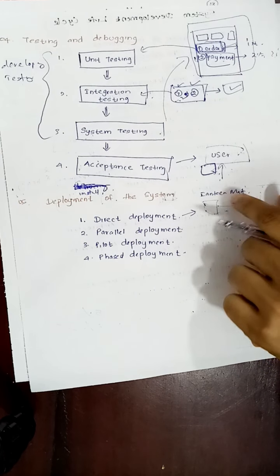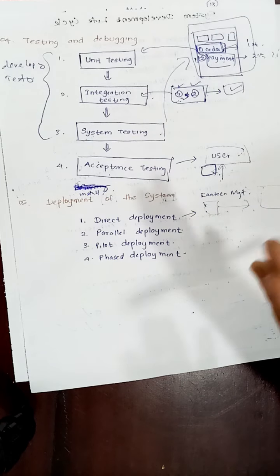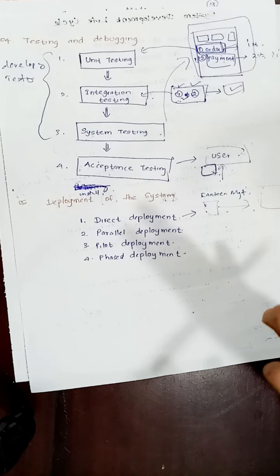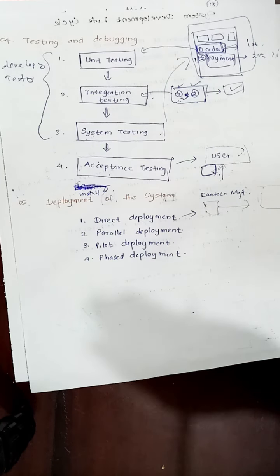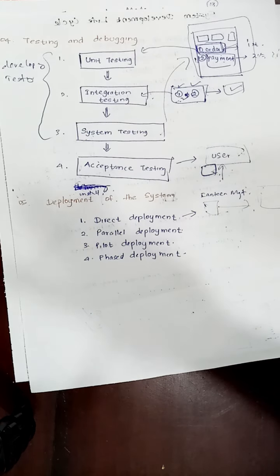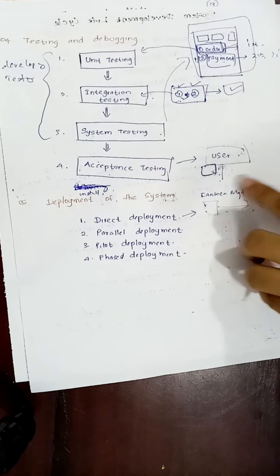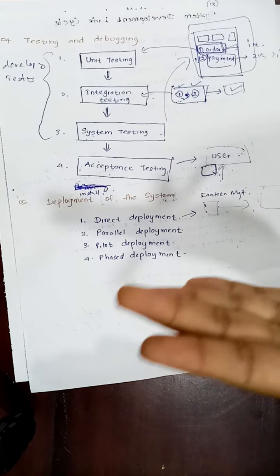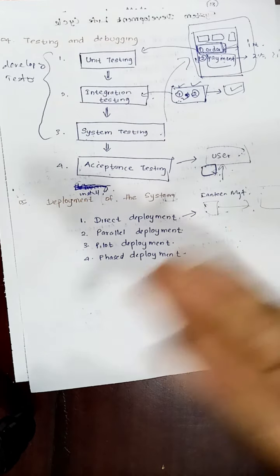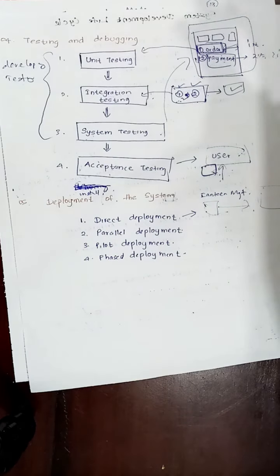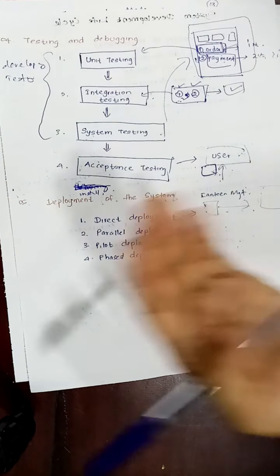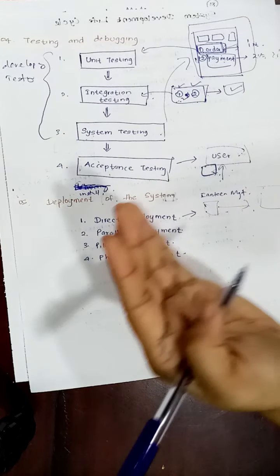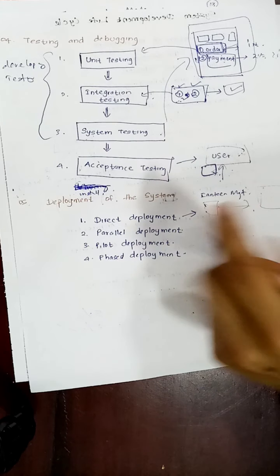If this canteen already has software, an old version, or if they follow a written format method, we throw that existing system, that means existing methods, and then we take this newly developed software to the canteen. You understood this one?